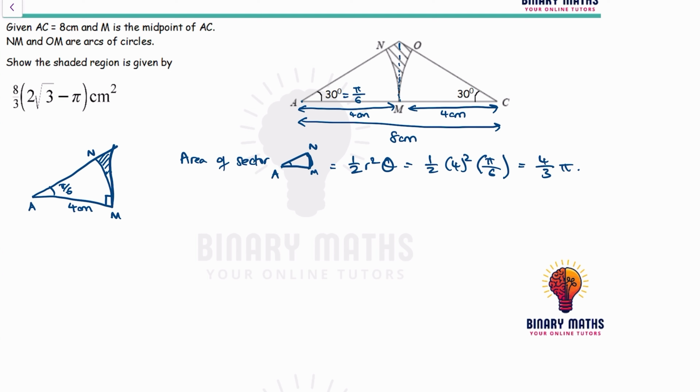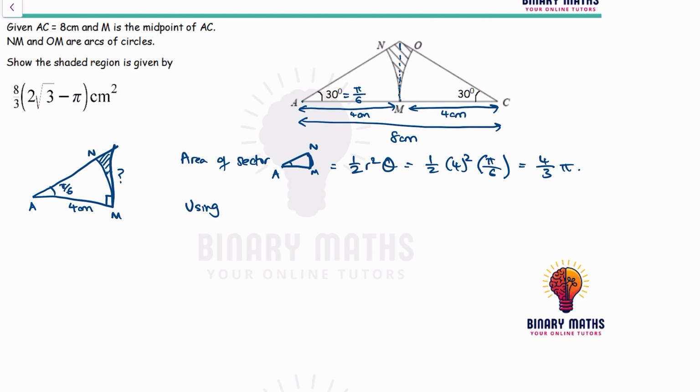Okay, next thing is I want to work out the area of the triangle. Using SOHCAHTOA, I've got the adjacent, and I'm trying to work out this question mark. If I want the area of the triangle, I need the base and the height.